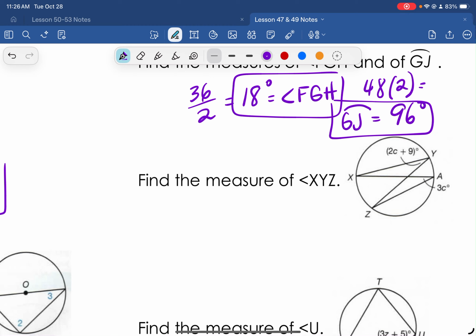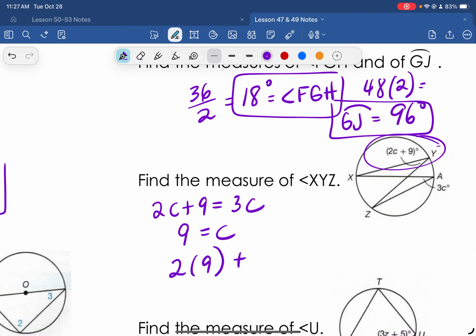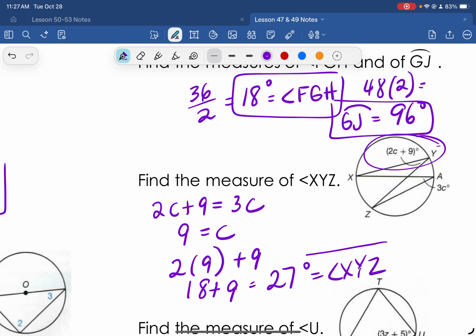So we can set that up as 2C plus 9 equal to 3C. And then we can move 2C over to find that C is 9, but we don't want to box that because they asked for the angle XYZ. So we're going to plug the 9 that we found into the expression to get 18 plus 9, which is 27 degrees. That is angle XYZ.